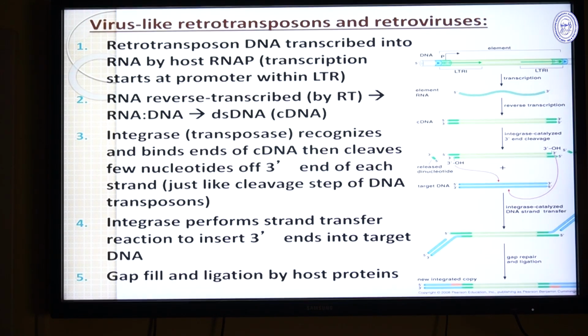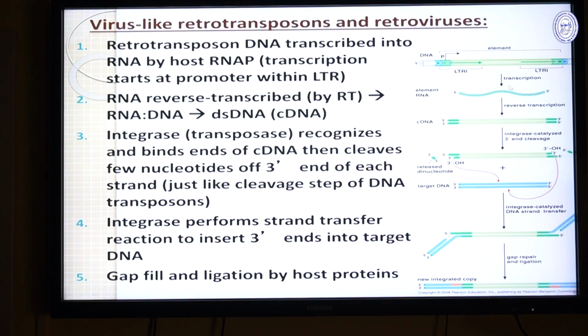For retrotransposons, DNA is transcribed into RNA by the host RNA polymerase, and transcription starts at the promoter within the LTR. You have the LTR, the promoter region with which the RNA polymerase will bind. Transcription happens in the plain way and produces an RNA intermediate, which is carrying this transposon element.